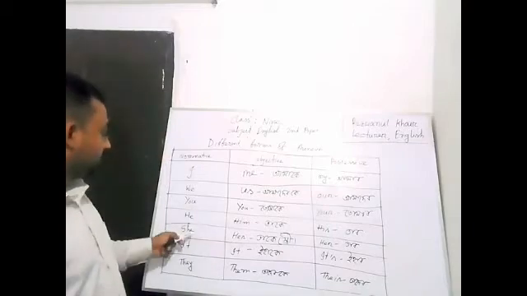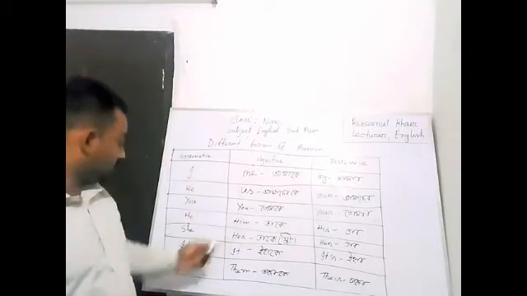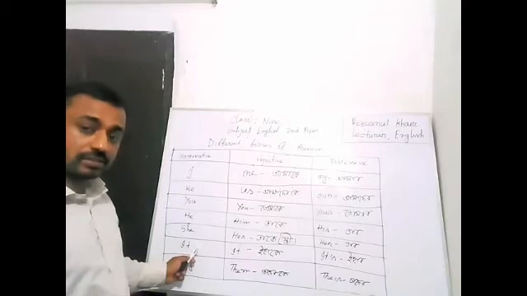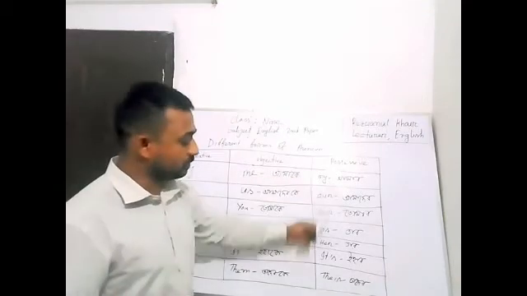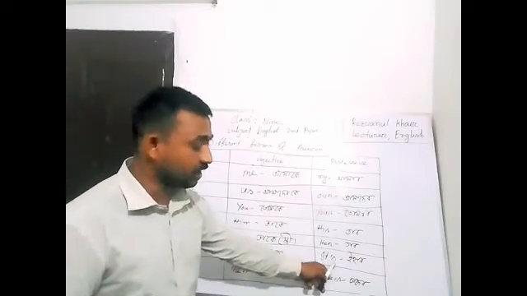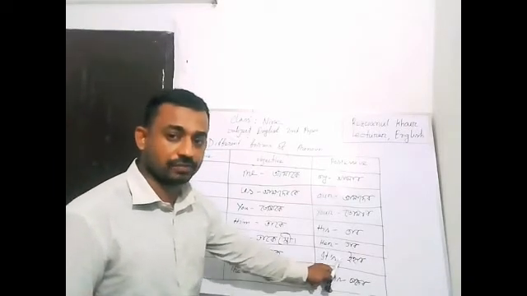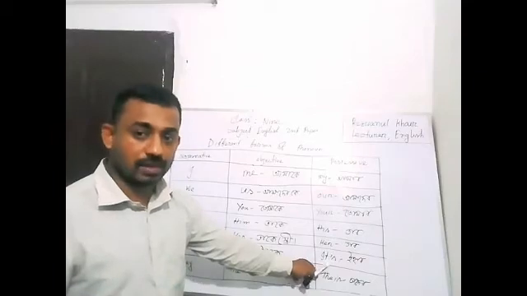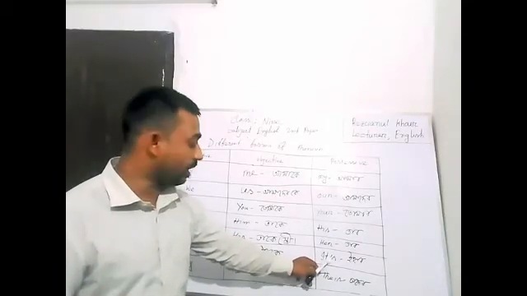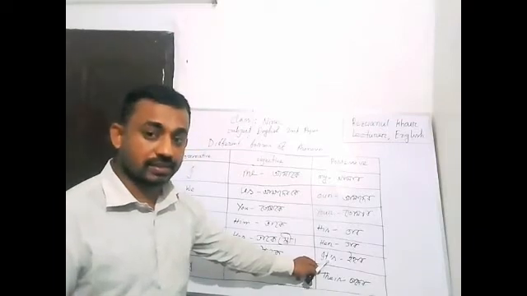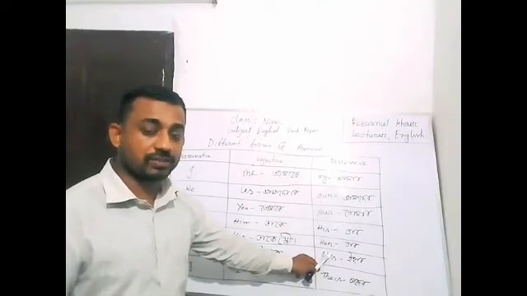Now it, object it and its possessive also its, it apostrophe s. Nominative can be changed to possessive in that way. When a noun is used in a sentence, its possessive will be apostrophe s.